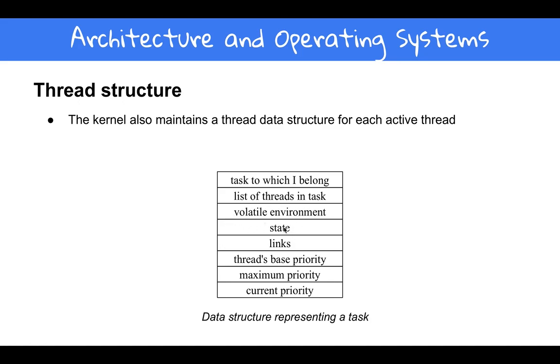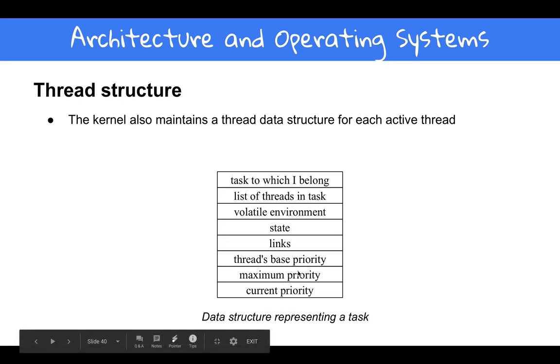State: are we in the running state, the waiting state? What is the situation? We've got to save it here. The links. The priority: does it have any priority? Because, as I will explain, maybe it's better to run a certain number of threads first and then run the other threads. So we need to know about the priority of the threads.